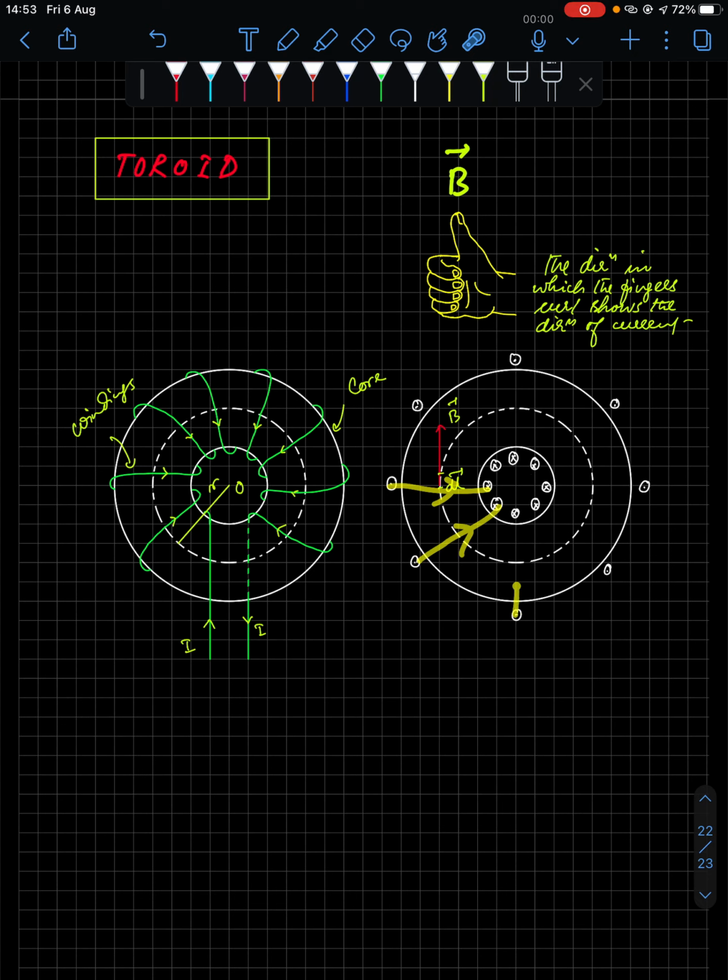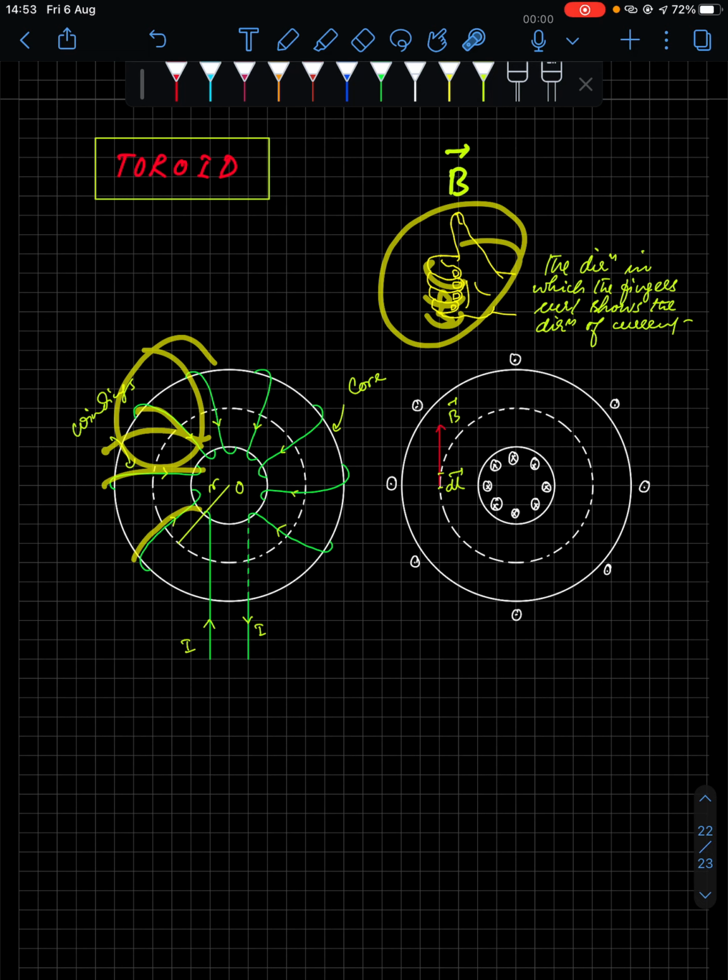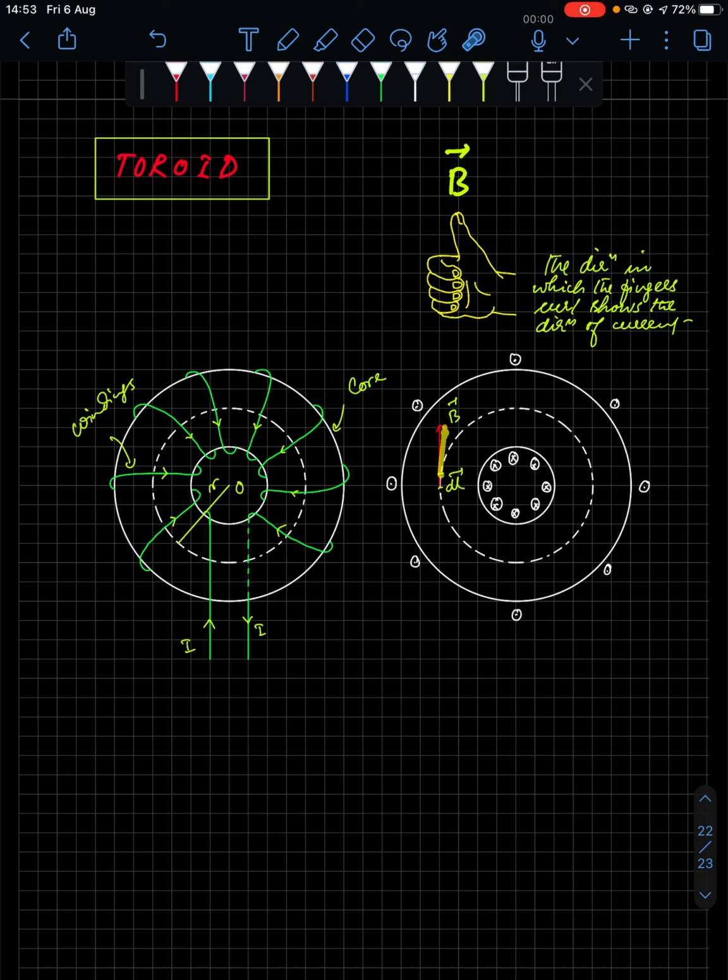So the current is entering this way. If you apply your right hand thumb rule, the fingers point in the direction of the current. For this region, the magnetic field is upward, so B will act this way, from the center.